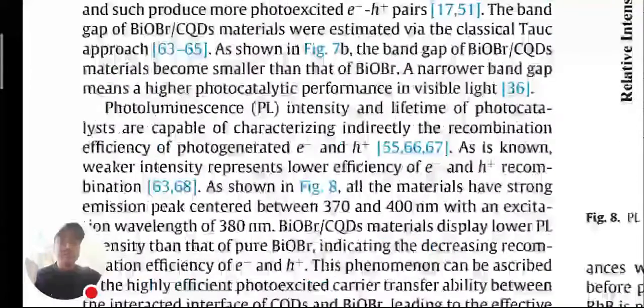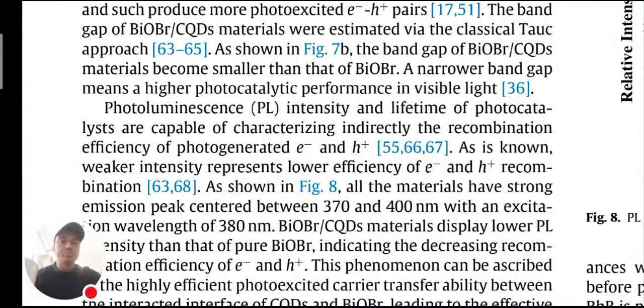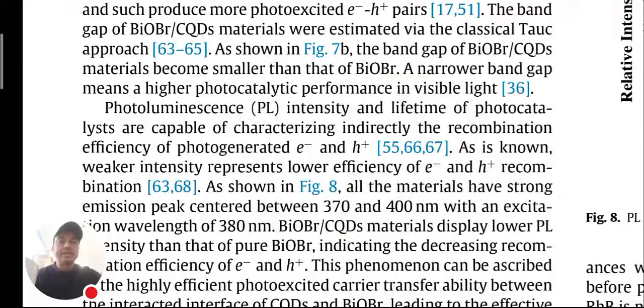Photoluminescence spectroscopy intensity and lifetime of the photocatalysts can characterize indirectly the recombination efficiency of photogenerated electron and hole pairs. As is known, weaker intensity represents lower efficiency of electron-hole pair recombination.